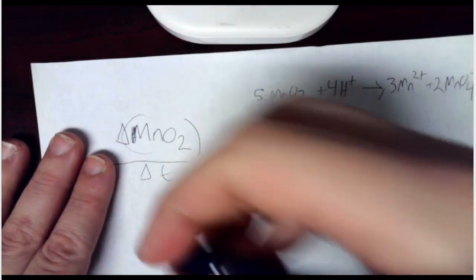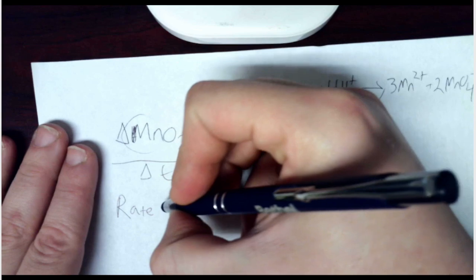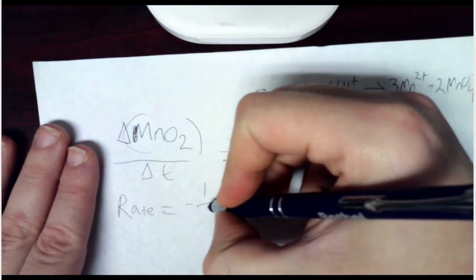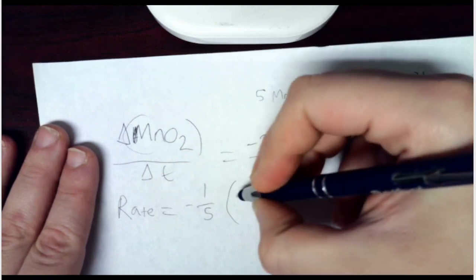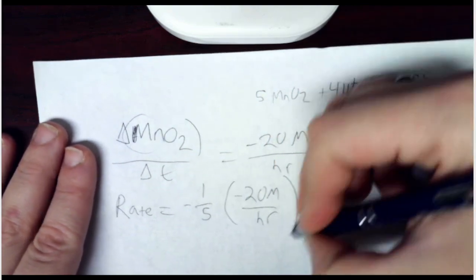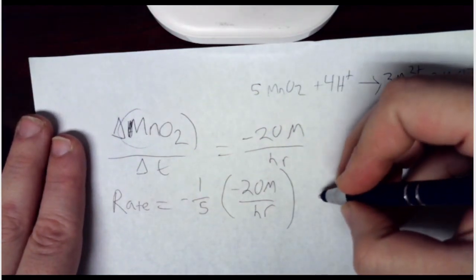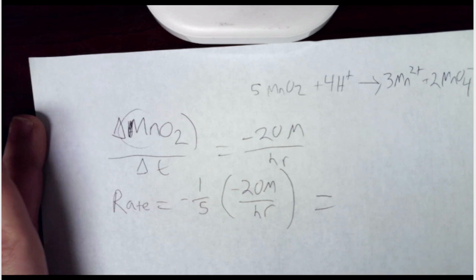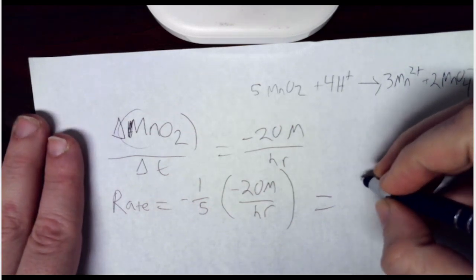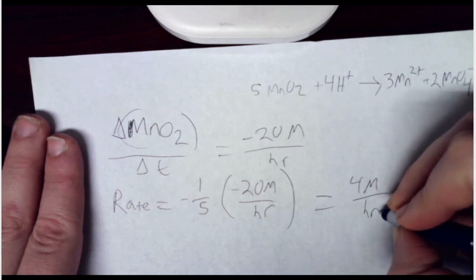So with this in mind, the generic rate is going to be equal to negative 1/5 times negative 20 M per hour. The generic rate is the rate at which the reaction turns over, essentially 4 M per hour. That's our generic rate.